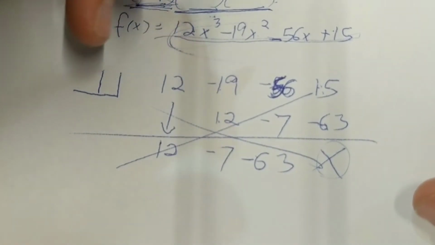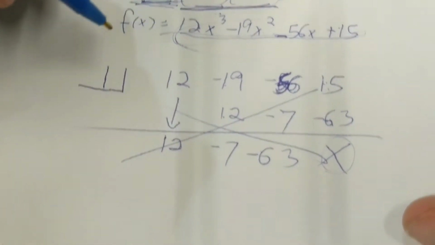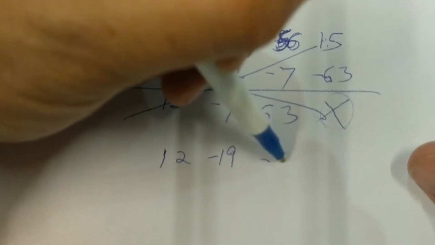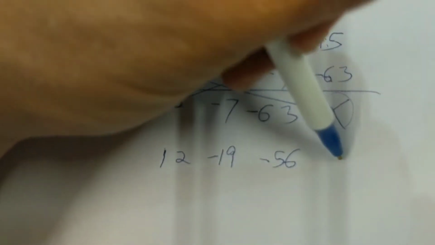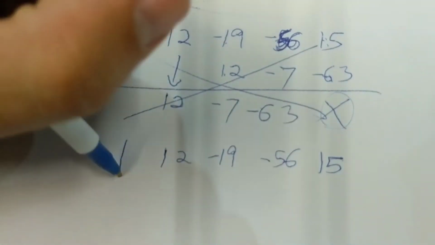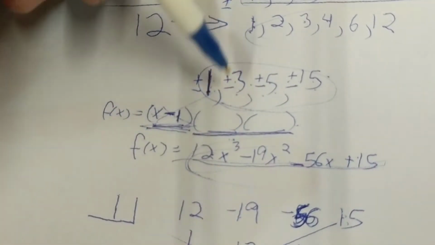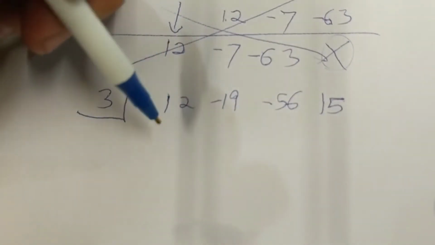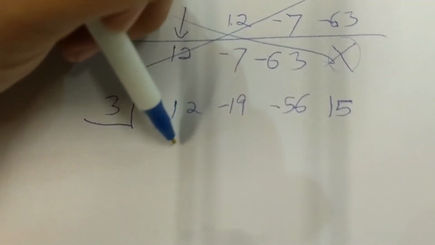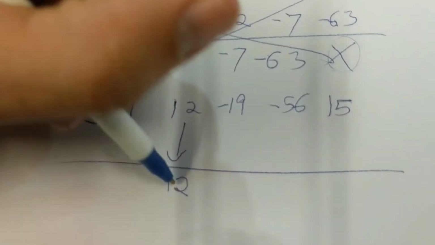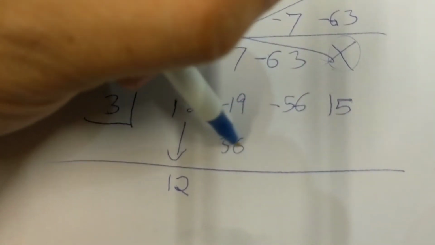So let's try another one. 12, negative 19, negative 56, and then 15. Yes, it's this tedious, and that's why we're going to try and find one fast. Without trying any negatives, we tried 1, and then let's try 3. Drop the 12. 12 times 3 is 36.